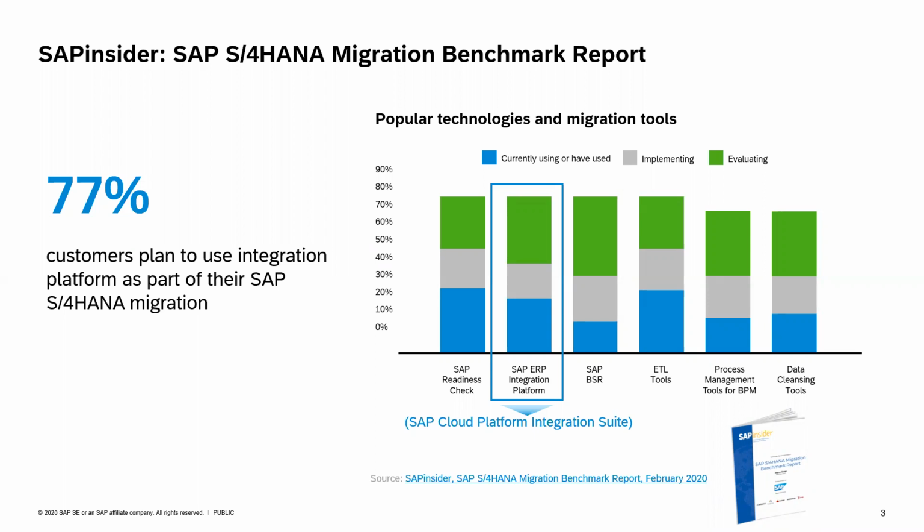This is a use case being considered by the operations team and the IT departments, where they are deriving these business cases along with the lines of business. They are looking to re-engineer processes and bring in process excellence. Over 77% of our customers who participated in the survey call out that SAP's integration platform, which is SAP Cloud Platform Integration Suite, is part of their S4HANA migration journey.